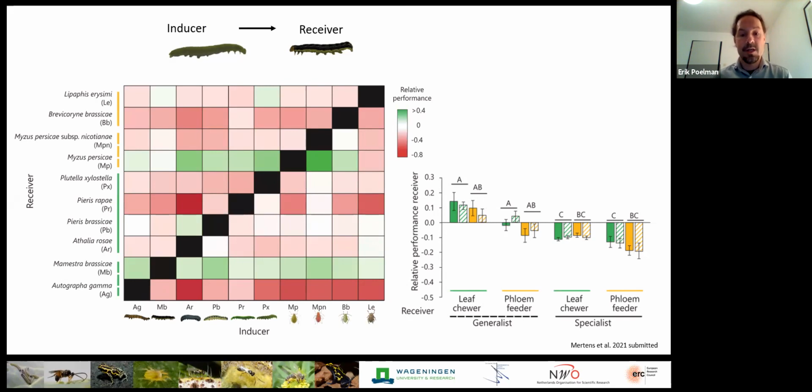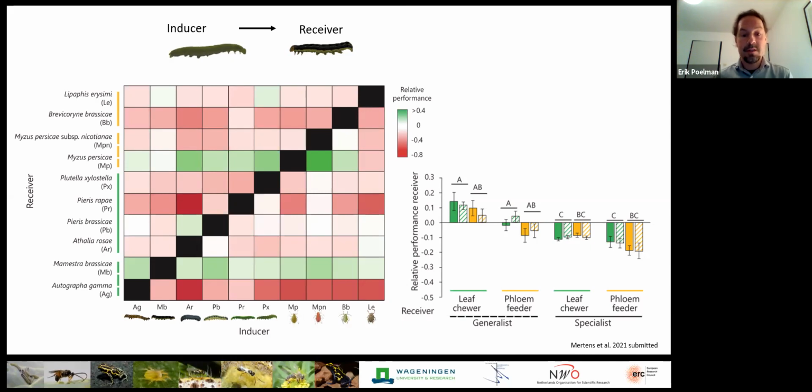That seems like not a very adaptive strategy. So what we did was challenge that idea, and we used the Brassica nigra plant and 10 different herbivore species and did a matrix of all pairwise interactions of these species on that Brassica nigra plant to see how that plant regulates its responses to 2 different attackers.